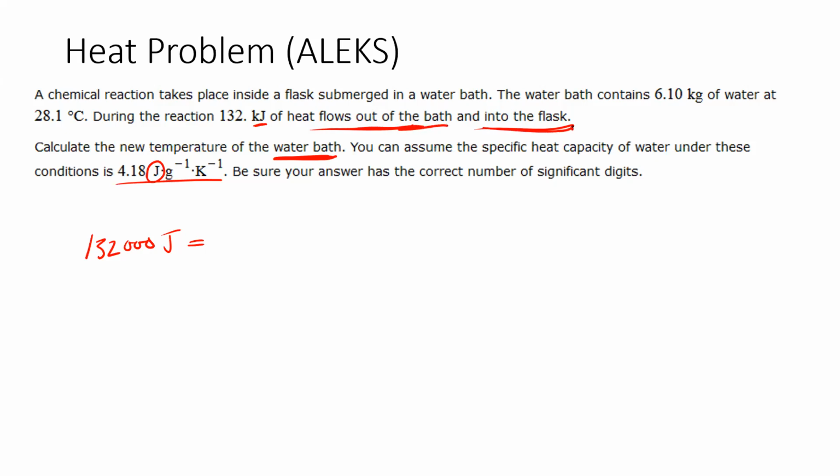So what we're looking at here is the surroundings rather than the system, right? Our thermometer is stuck in the water bath, which is the surroundings. It's not stuck in the flask, which is the system, okay? And so because it flows out of the bath, this should be a negative value, right? So energy leaving the water bath makes Q negative.